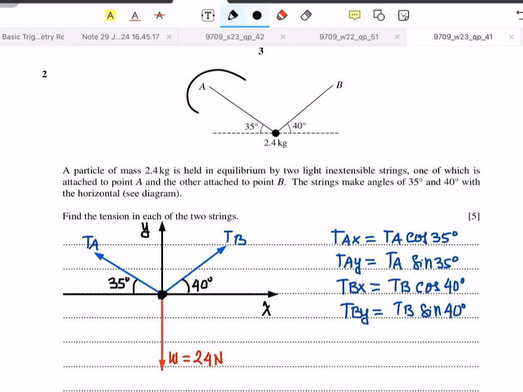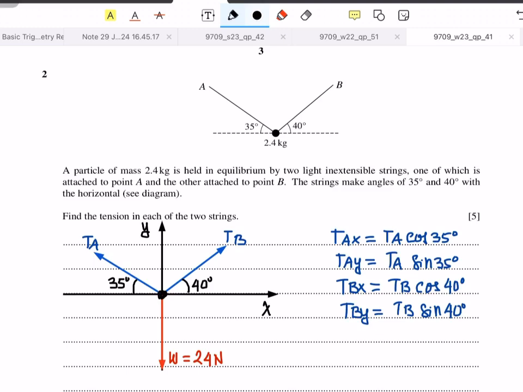So let's say this one is TA, and the tension in the second string is TB, and we also have the weight of the object, which is vertically downward. The magnitude of the weight is 24 Newton.